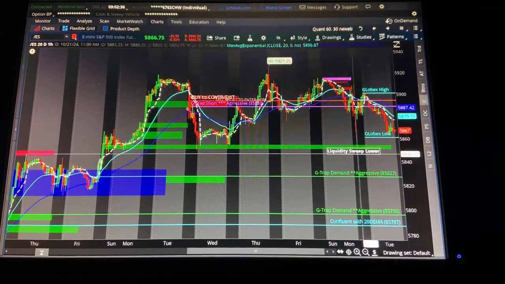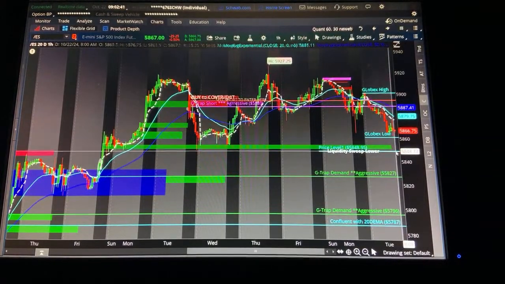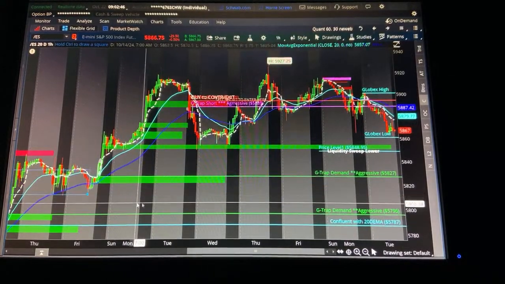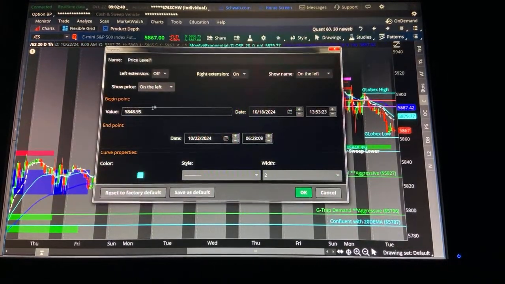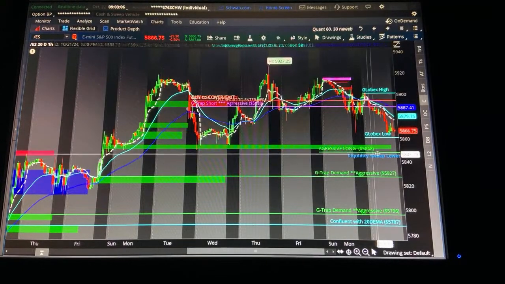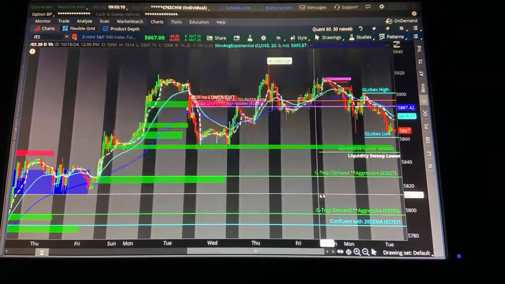If it's going to continue with its inside bar range, the market might not want to shift lower into the 58.27 handle, which I'm going to talk about in a moment. Let me just put a price on this before I move on. It's going to be super aggressive here: an aggressive long, potentially for a liquidity sweep, that comes in at 58.48, right down there.